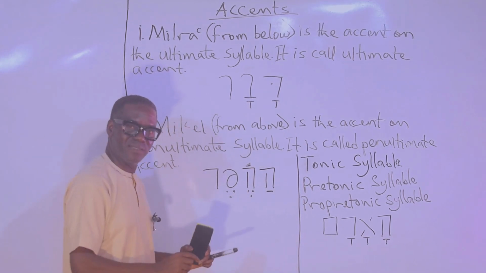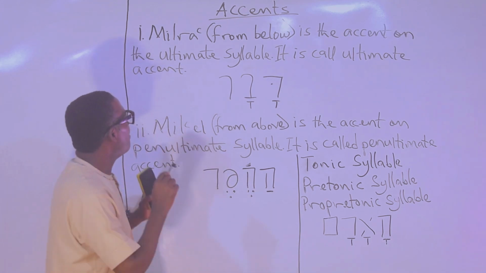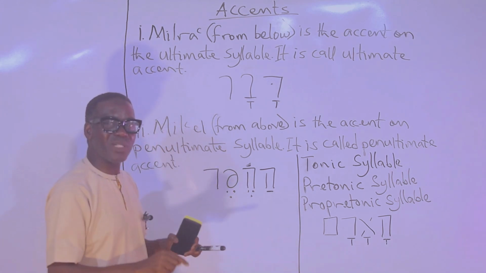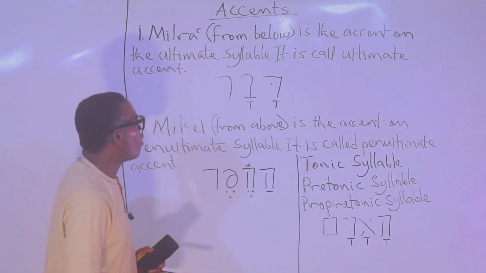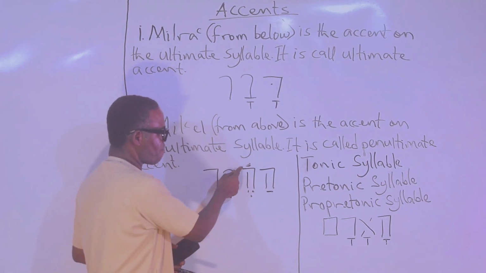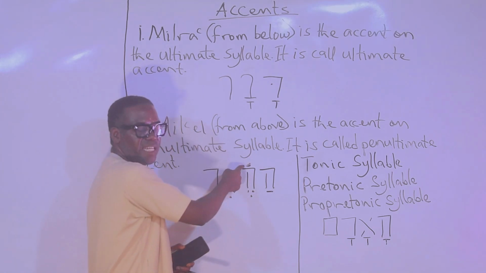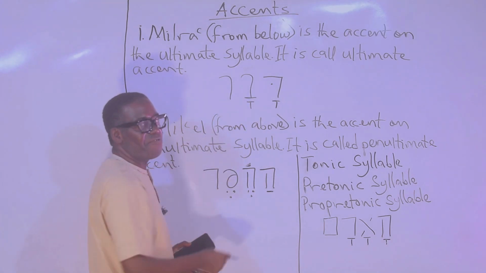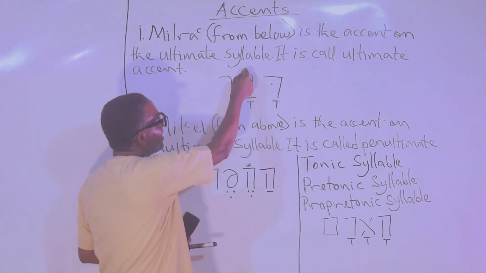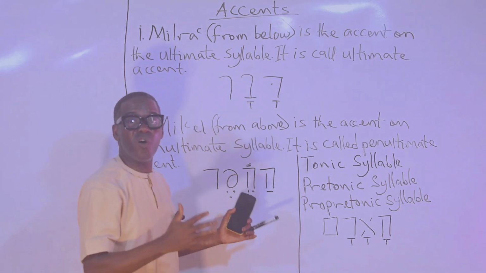Mil-a is indicated because it's on the penultimate syllable. Milra is not indicated because it's on the ultimate syllable, which is the last one. So here in hezer, mil-a is indicated. This is where the accent is. But in davar, milra is not indicated on the last syllable, but the accent is on the last syllable.